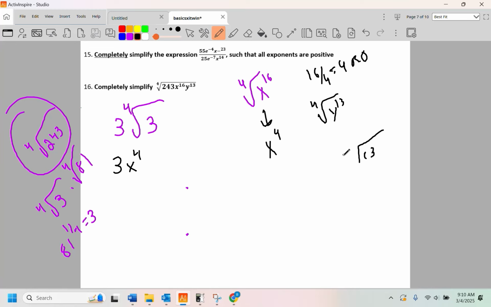If you take 13 and divide it by 4, 4 enters 13 3 times with a remainder of 1. So y cubed stuck inside was that 3, and there's still 1 remaining y. 3x to the 4th, y cubed, fourth root, 3y. There's a complete simplification of 16.